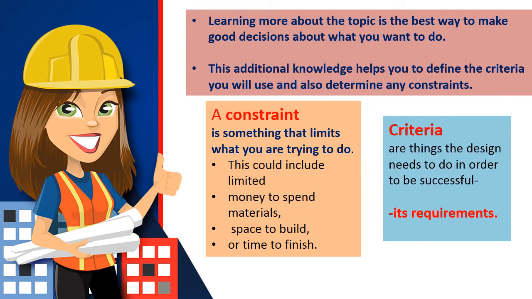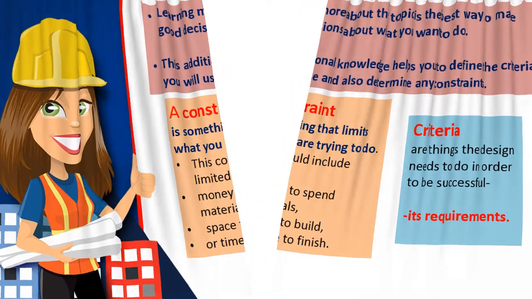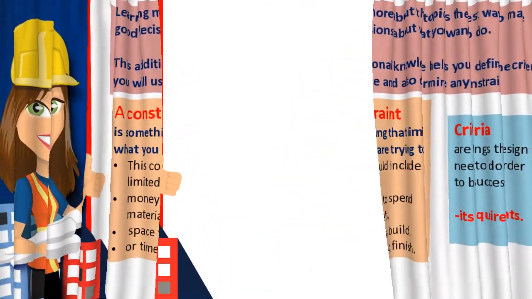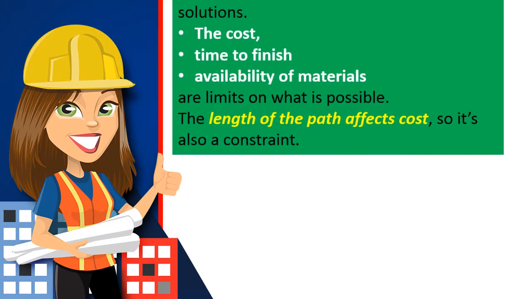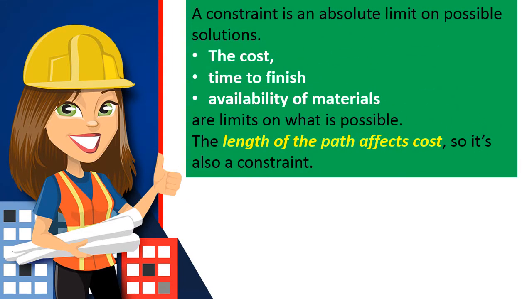Then we have the criteria. What do we mean by criteria? Criteria are things that a design needs to do in order to be successful. Simply put, it is the requirement for your solution. And these are to be well defined to know what you are going to do to solve the problem. A constraint is an absolute limit on possible solutions.